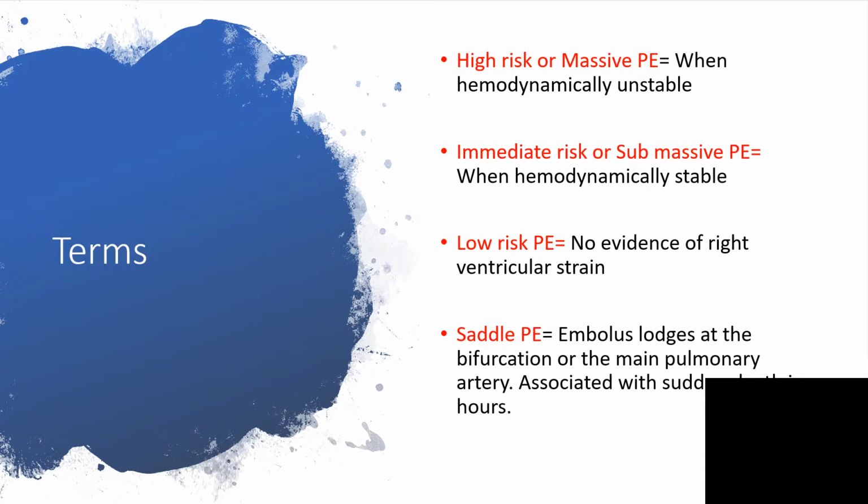We're talking of blood pressure being within normal range, a pulse within normal range, not confused, no decreased level of consciousness, and so on and so forth. When you hear something like low risk pulmonary embolism, it means there's no evidence of right ventricular strain here. And saddle pulmonary embolism means the embolus lodges at the bifurcation of the main pulmonary artery, and that will be associated with sudden death within hours.